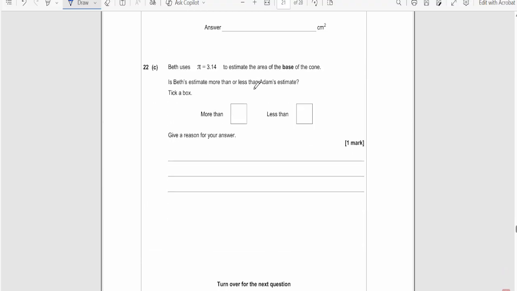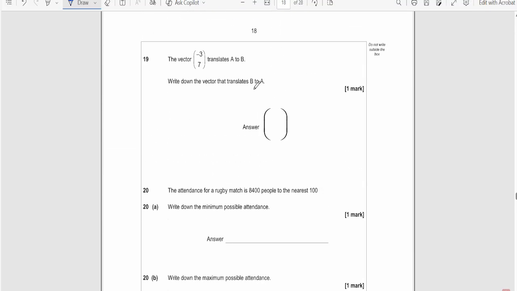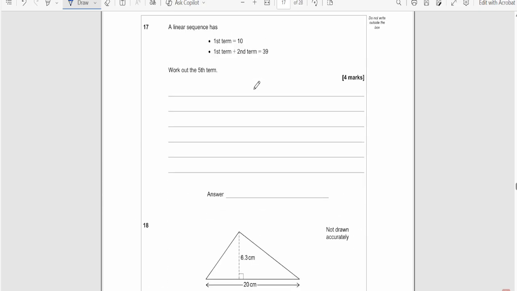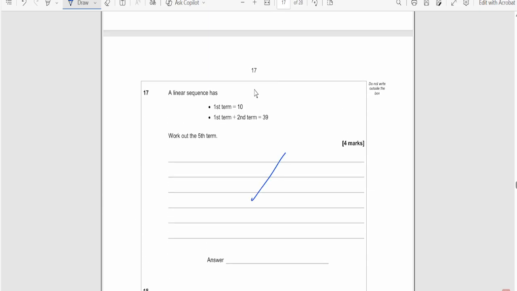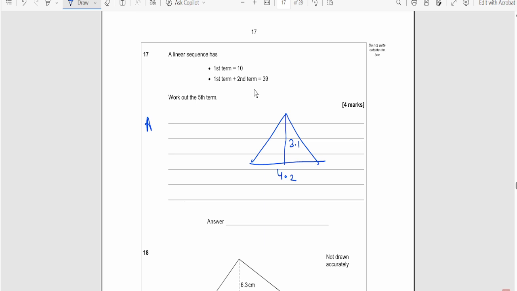Now try this one. If this is a triangle, the height of the triangle is 3.1 and the base of the triangle is 4.2. Find the area of this triangle.